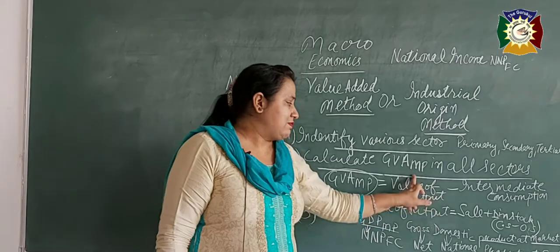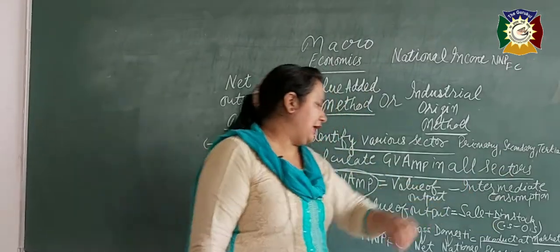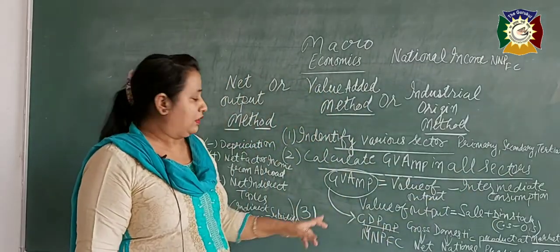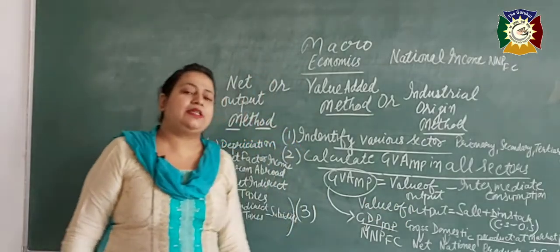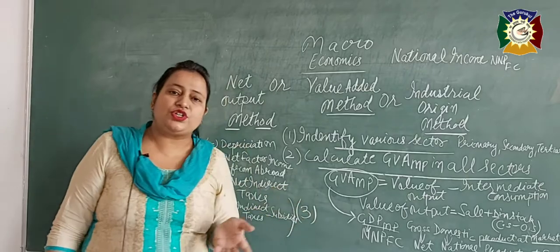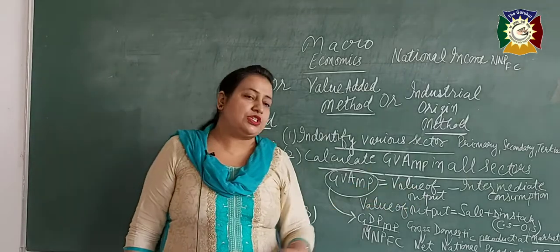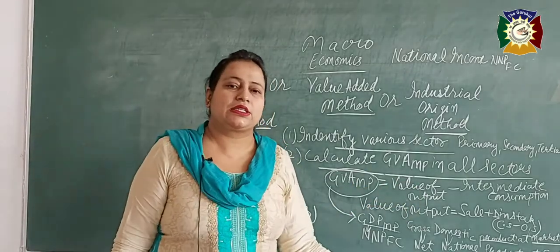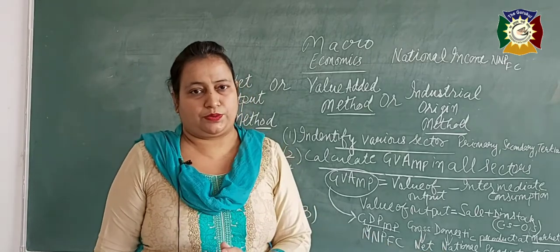Gross value added means value of output minus intermediate consumption. Value of output means sale plus change in stock. What is change in stock? Closing stock minus opening stock.